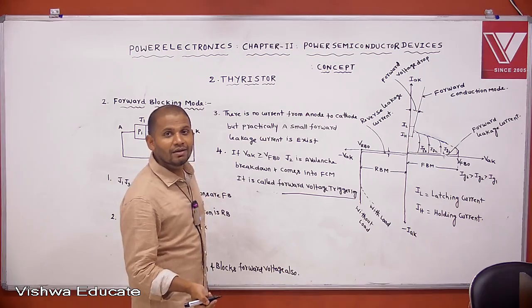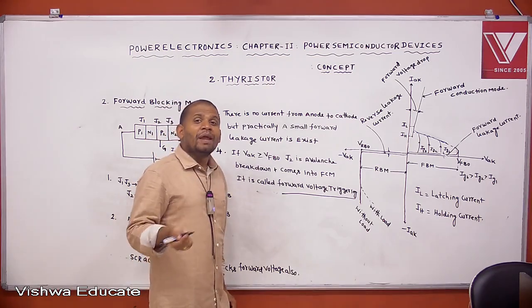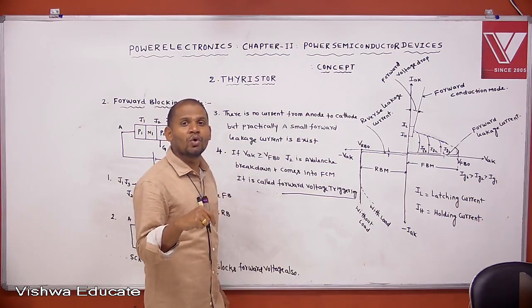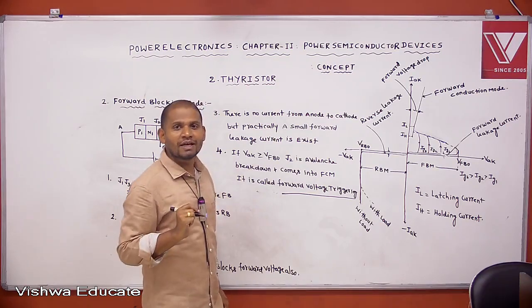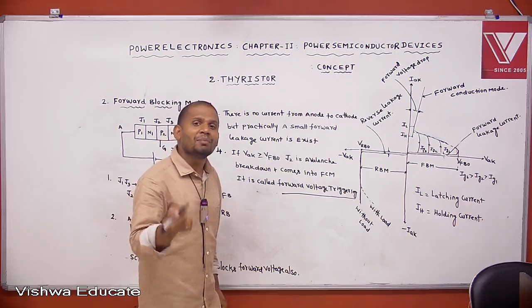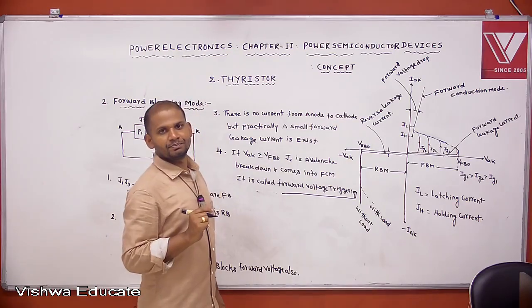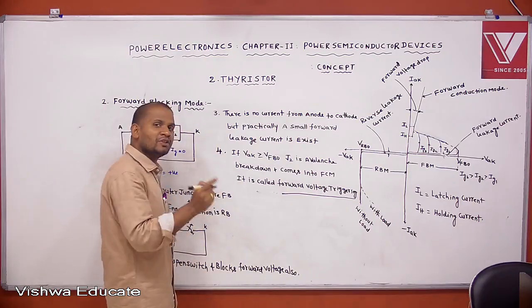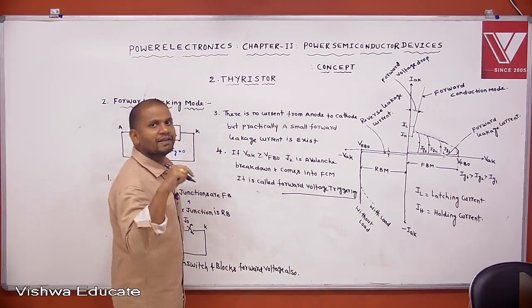Why? Because applying breakdown voltage, bringing the SCR into conduction mode is not an advisable process, because the SCR may be damaged. Understood or not? That's the reason why practically, though you can turn on like this, this method is not preferable.